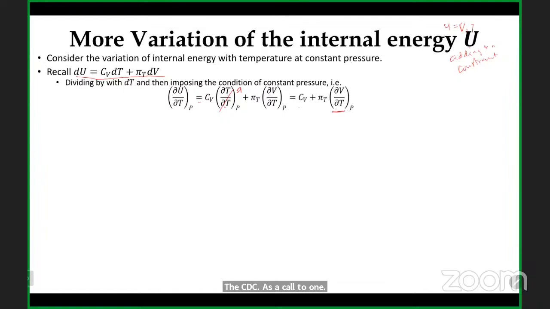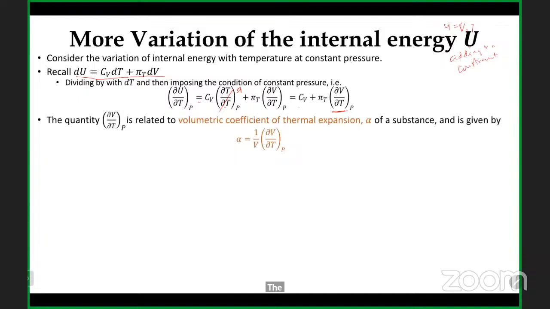This expression is related to what is called the volumetric expansion. The quantity is related to the volumetric coefficient of thermal expansion.